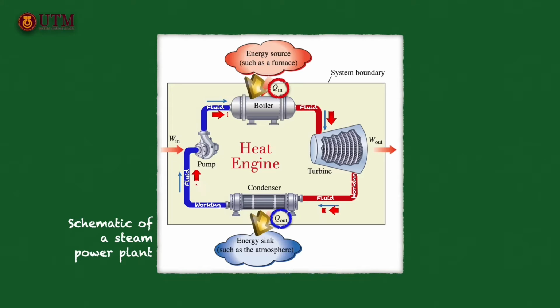W out is equal to the amount of work delivered by steam as it expands in the turbine. And finally, W in is the amount of work required to compress water to the boiler pressure.